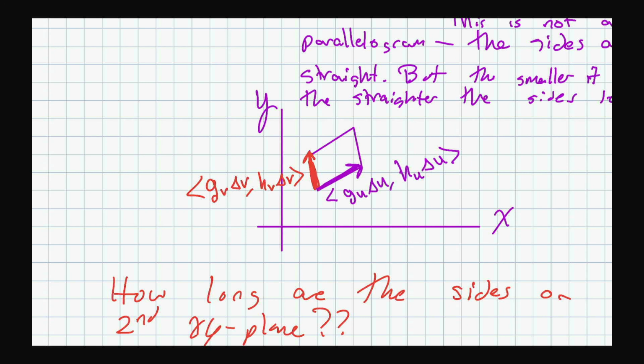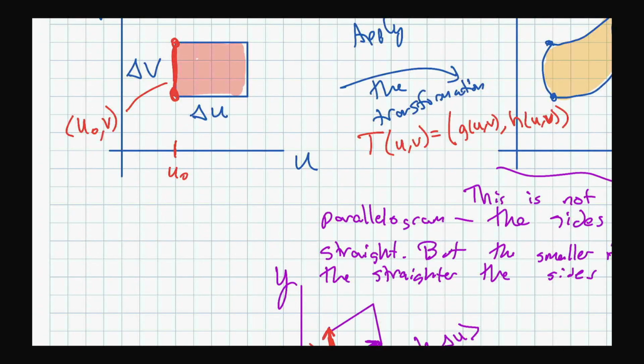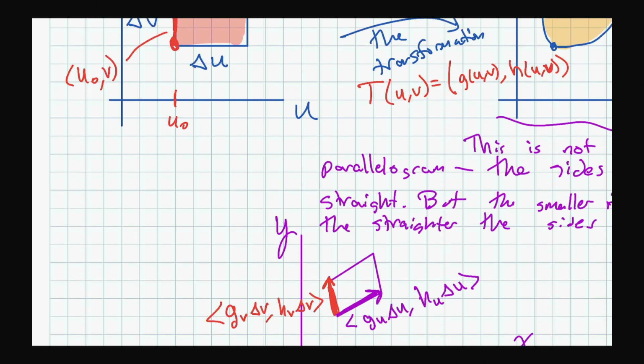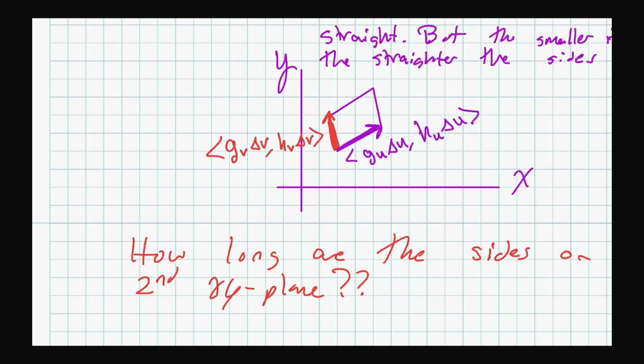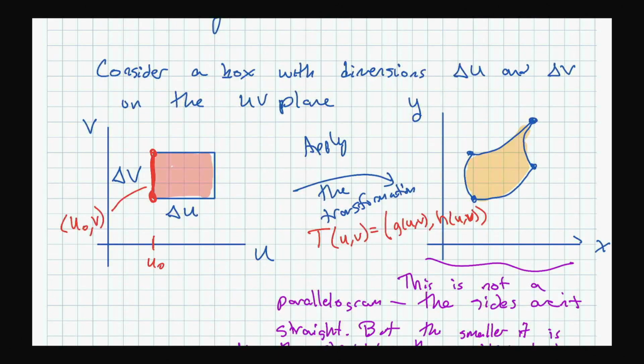The reason you only have the derivative with respect to v over here and the derivative with respect to u over here is because on this part only v changes, and on this part only u changes. So again, that's the part that I'm not deriving. I'm just saying it. These are what these two vectors are in relation to this right here.